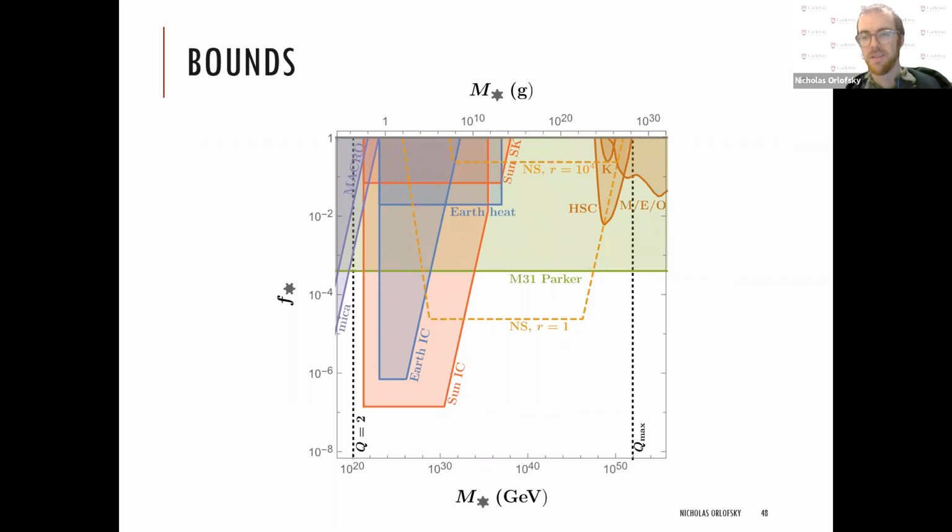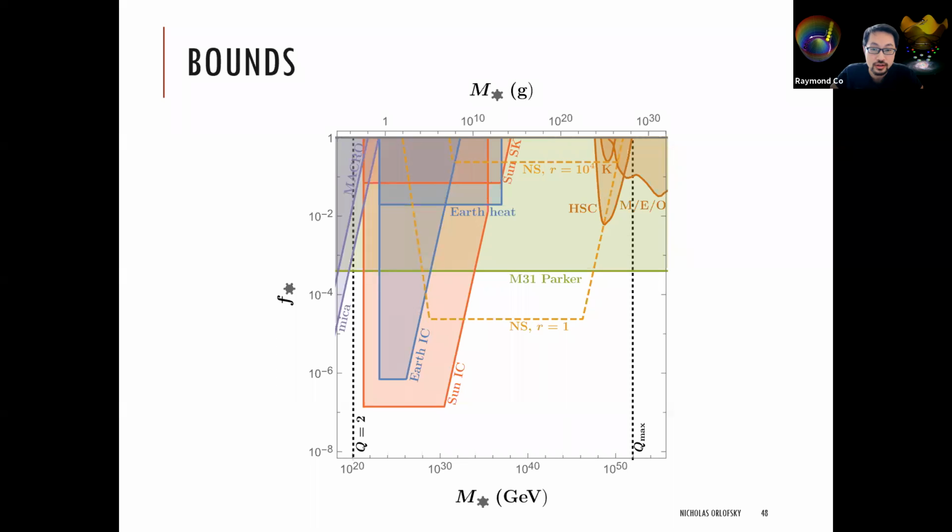Okay, thanks. And another quick question is, have you thought about the superradiance signal if you have axions around these magnetic black holes? Yeah, I haven't really thought about it. I don't have too much.